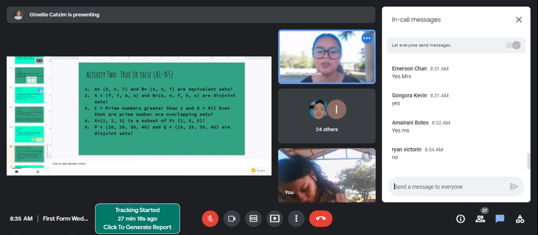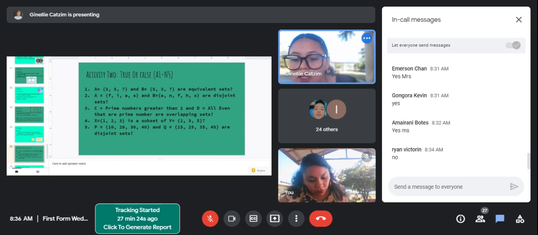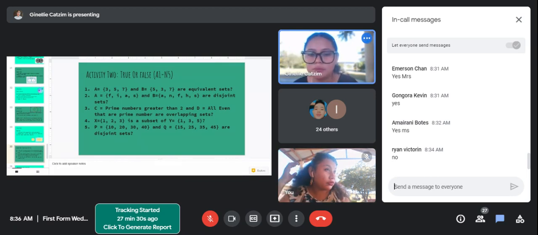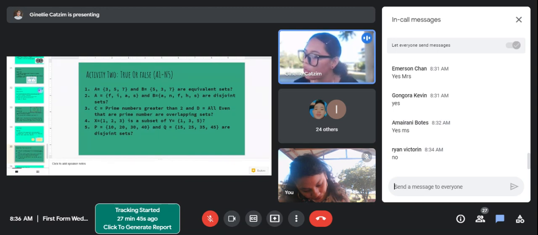C is the prime numbers greater than 2 and D equals all even numbers that are prime. Are they overlapping sets? The set C is the prime numbers greater than 2, and D is all even numbers that are prime numbers. True or false? C says prime numbers greater than 2, and this is all even numbers that are prime.